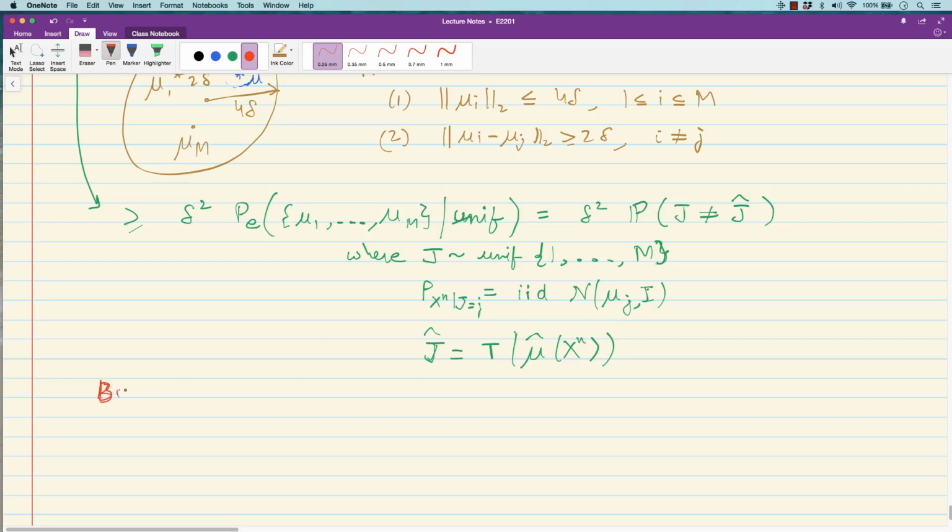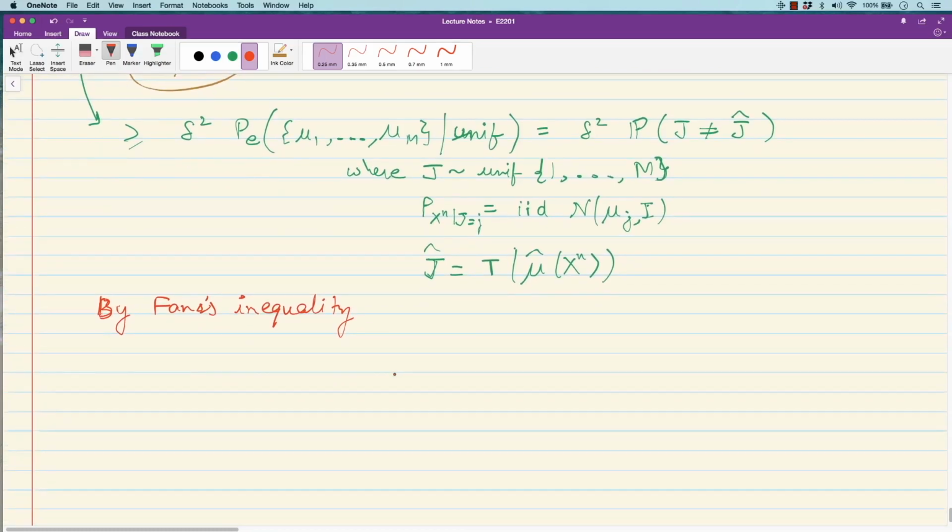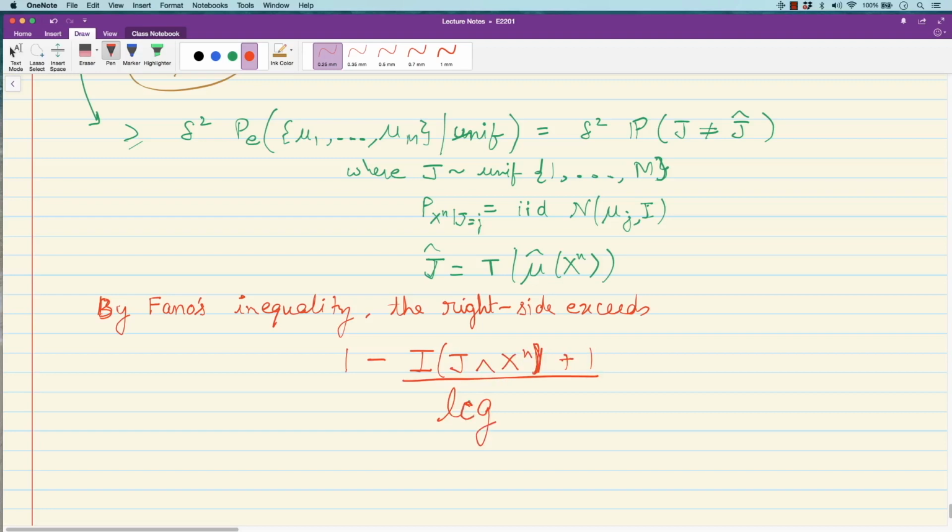By Fano's inequality, the probability of error exceeds 1 minus the mutual information between j and x^n plus 1, divided by the log of the number of hypotheses that you chose, so log m.